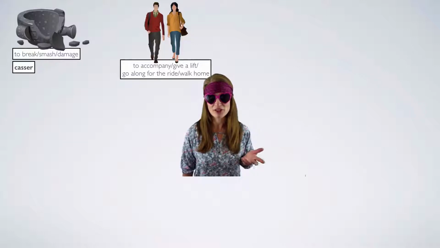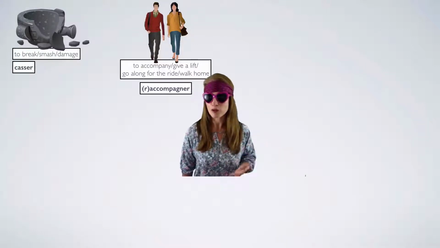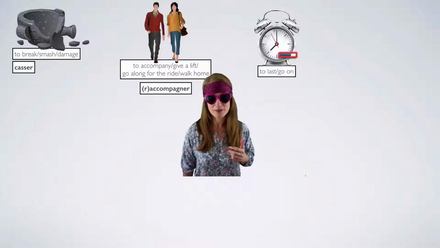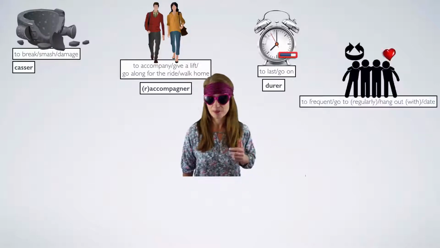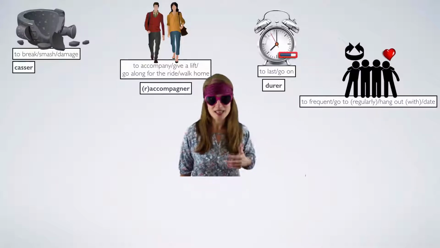To break, to smash, to damage. Casser. To accompany, give a lift, go along for the ride, to walk home. Accompagner or raccompagner. To last, to go on. Think duration. Durer. To frequent, go somewhere regularly, hang out with or date.